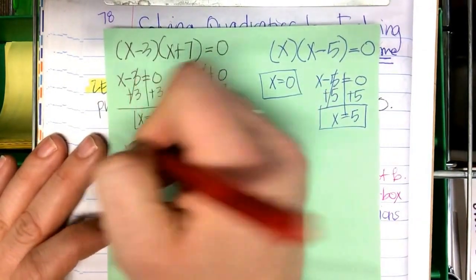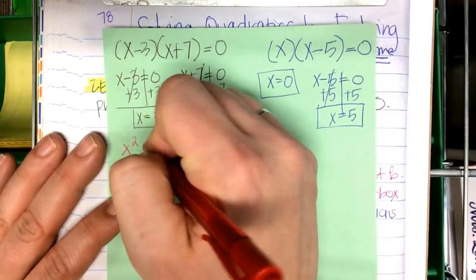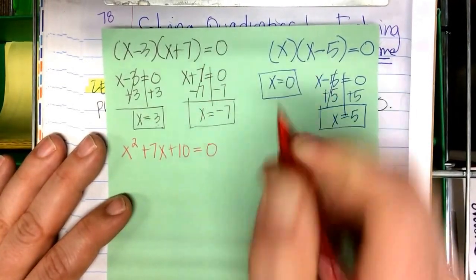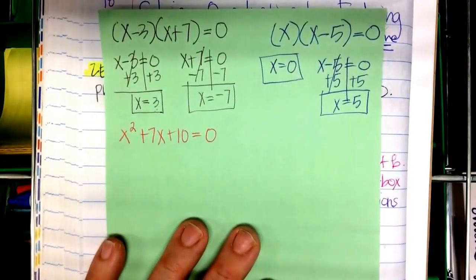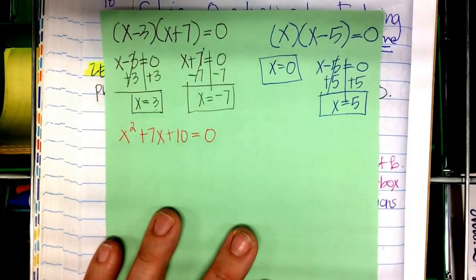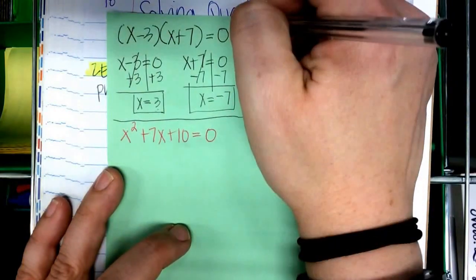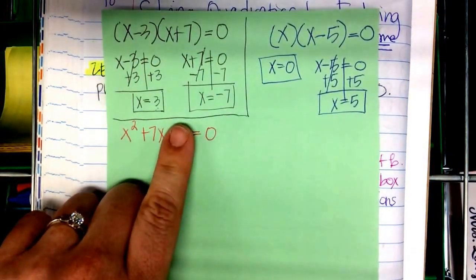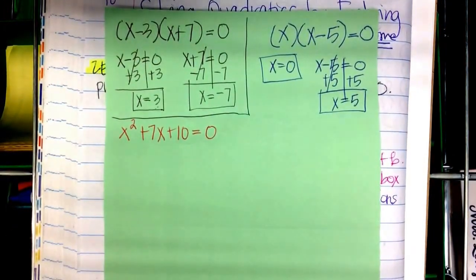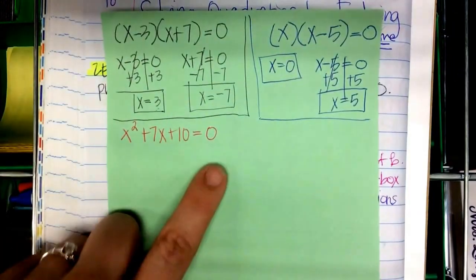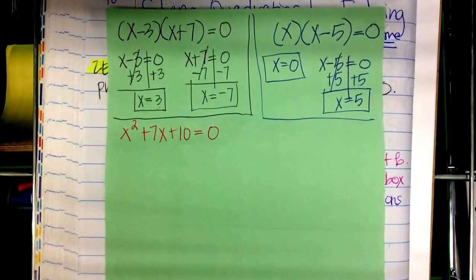All right, so a little bit more difficult. Is step number 1 done? Yeah, it equals 0. Check.